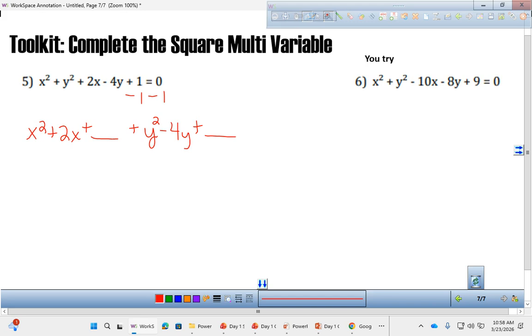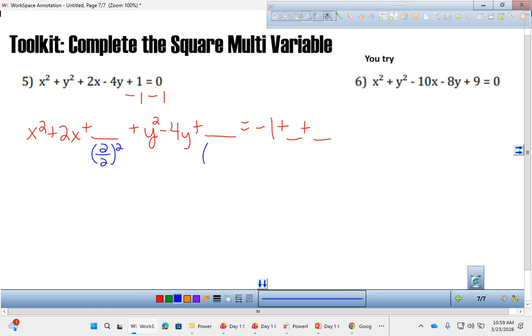So then on the other side, I'll have my -1 from the 0 minus 1. And I'll have a plus blank because I completed the square twice, which means I'll have to add both numbers I added to the left side to the right side as well. From here, it's the same process. You're just doing it twice. So this number is half of the middle number squared.